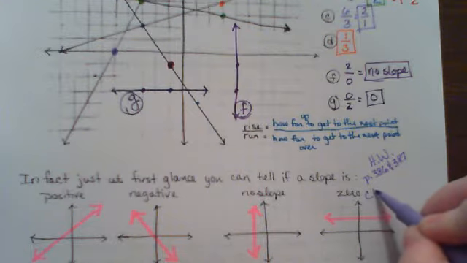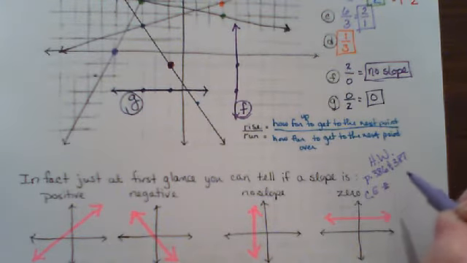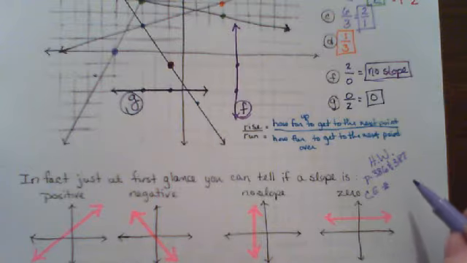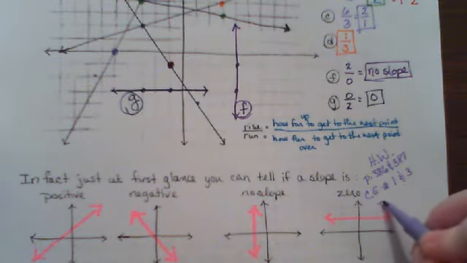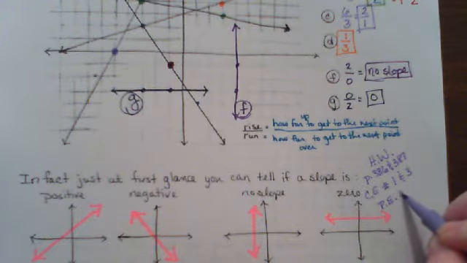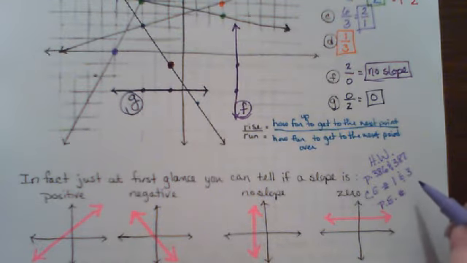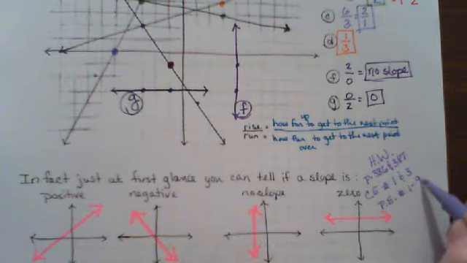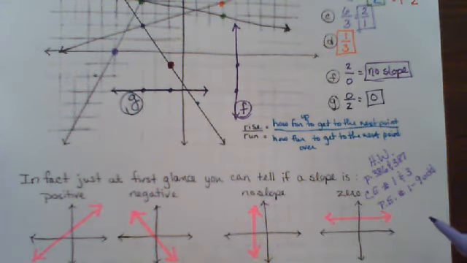The class exercises, numbers 1 and 3, and then the practice exercises, numbers 1 through 9 odd, and number 31.